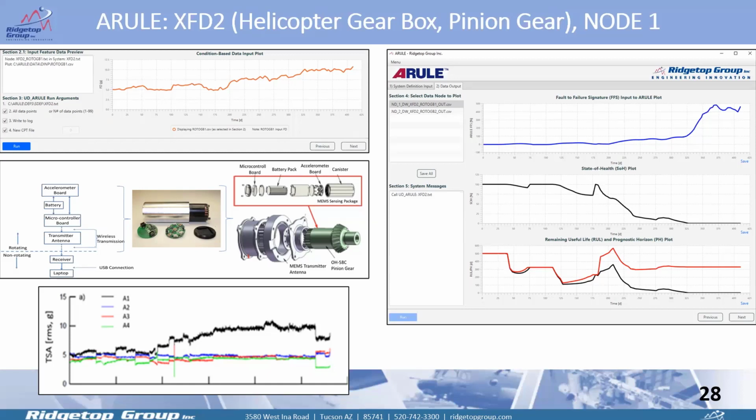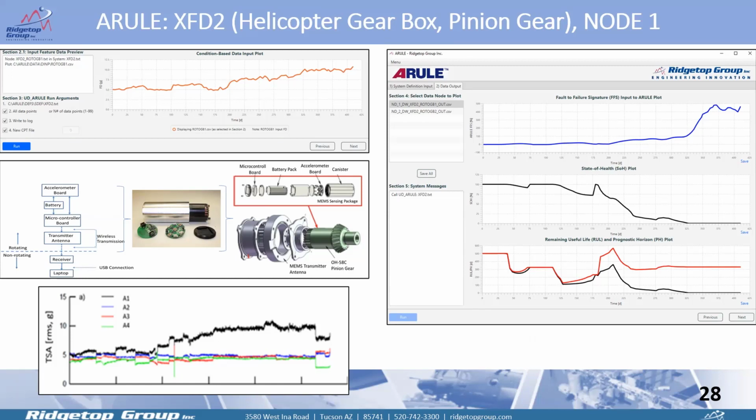That black data is basically the result of doing time sequence averaging of the data we collect. That is commonly referred to as an envelope. We then took the magnitude of the envelope and input it into ARULE, into our UD ARULE, and you'll see the results there.